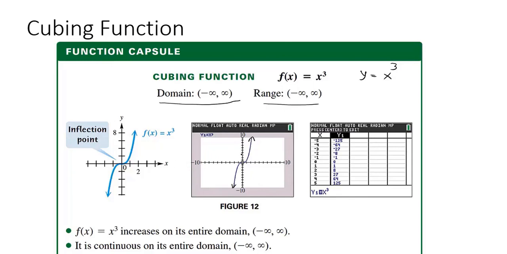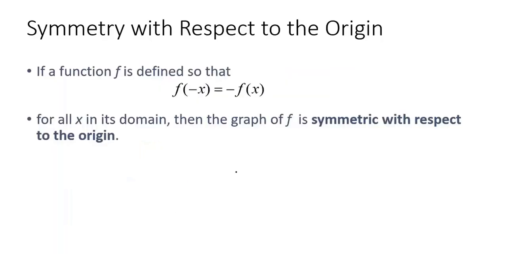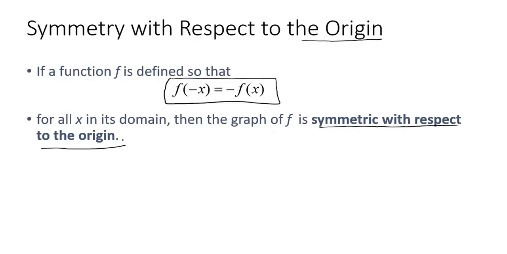So f of x equal to x cubed is increasing on its entire domain, symmetric with respect to the origin. If a function f is defined so that f of minus x equals minus f of x, this would be another fact that you want to include in your summary sheet, then we conclude that this function f is symmetric with respect to the origin.